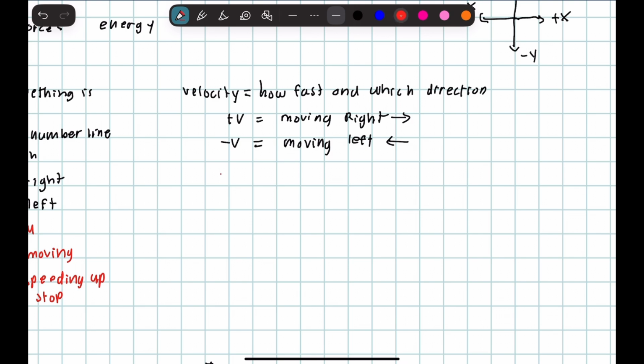Let's continue with some misconceptions. Velocity is not how fast, that's speed. It's not acceleration. And it's not a force.